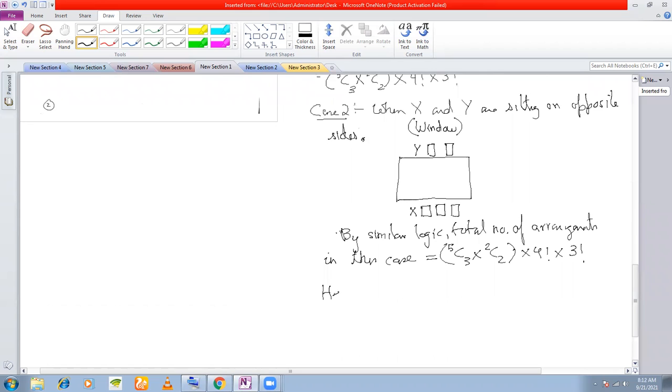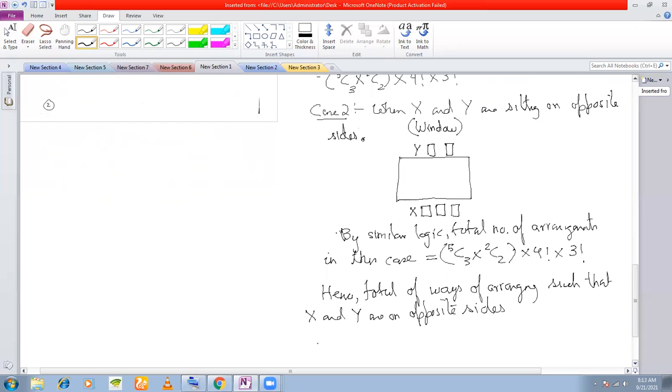Okay, hence total number of ways of arranging such that X and Y are on opposite sides is equal to 5C3 into 2C2, because you have two cases, into factorial 4 into factorial 3, and you have the same number of arrangements here. You add the two arrangements.